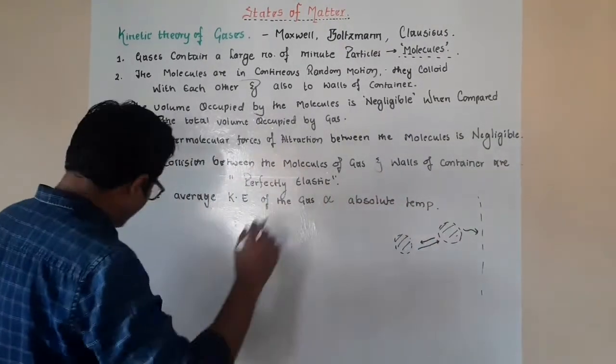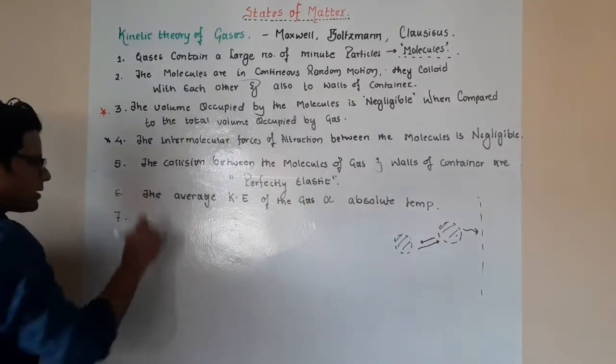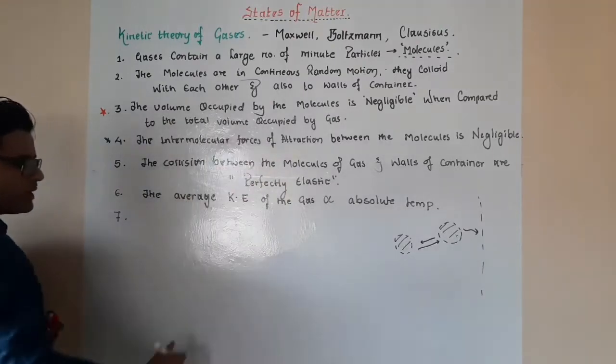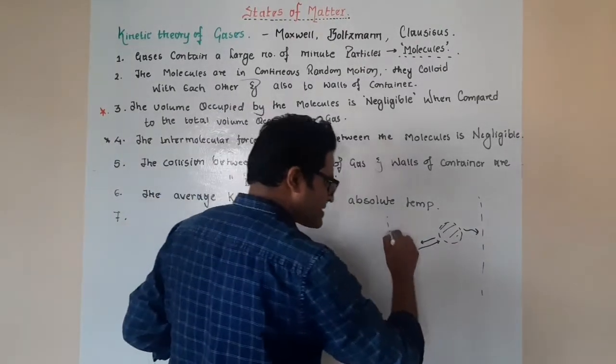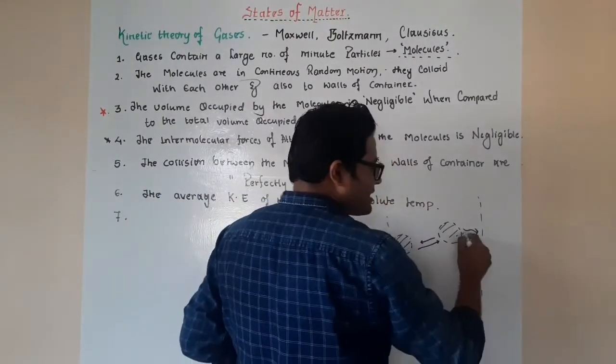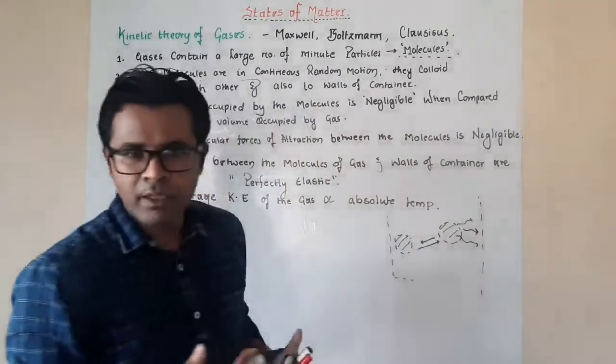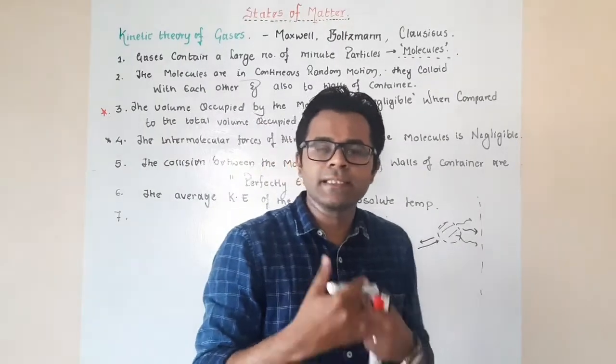Okay, coming forward with the seventh point. Now, in the seventh point, they say that, let's say this is a container, whenever these molecules go and collide with the walls of the container, they are going to generate the pressure.